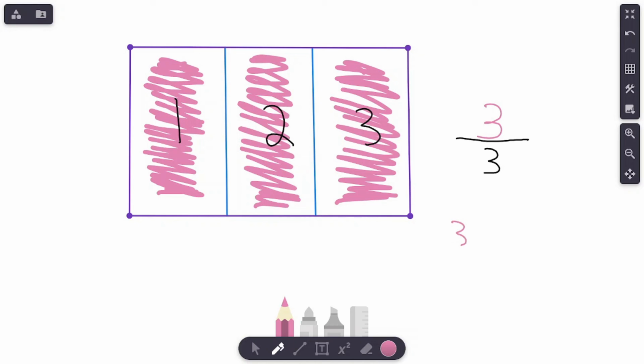Okay. What it also means is that we have 3 out of 3. 3 out of the 3 were colored in. That's how many we have. The way that you could see this written is 3/3. All right. Just kind of getting our feet wet here with fractions.